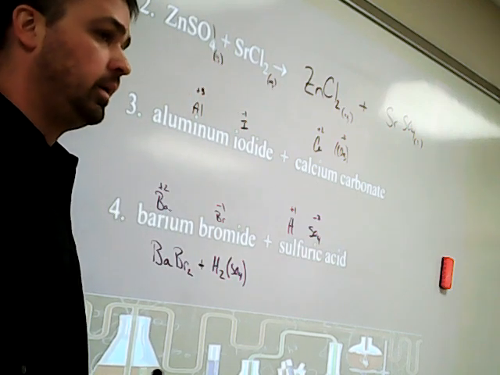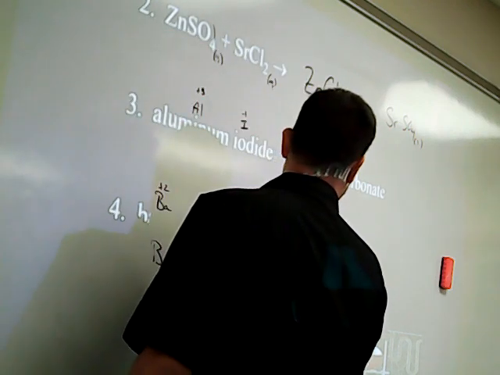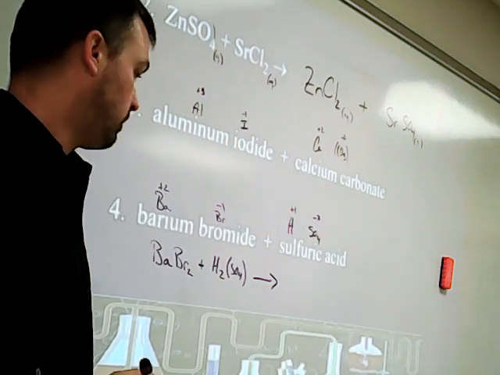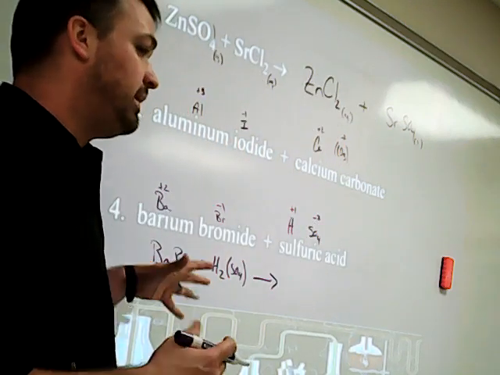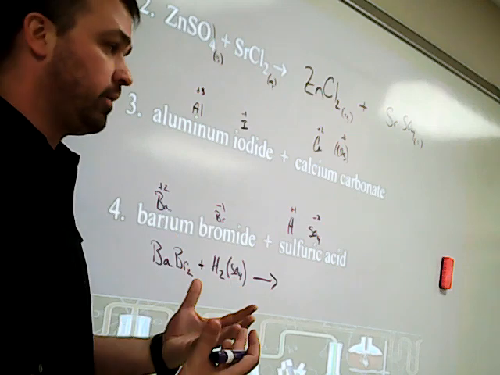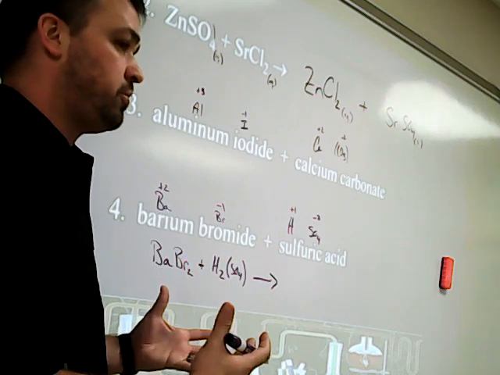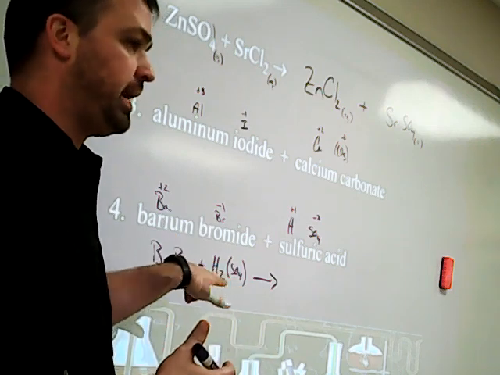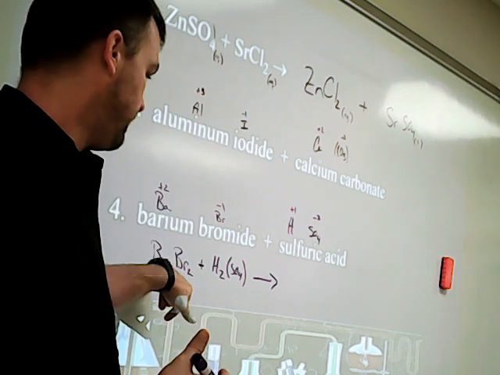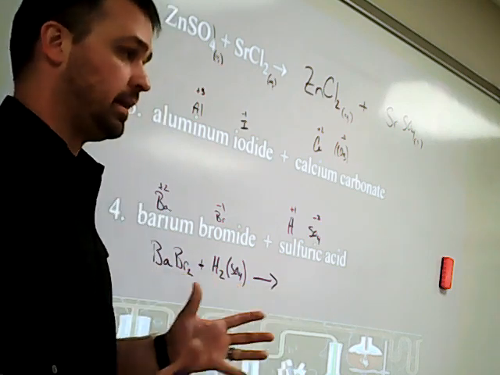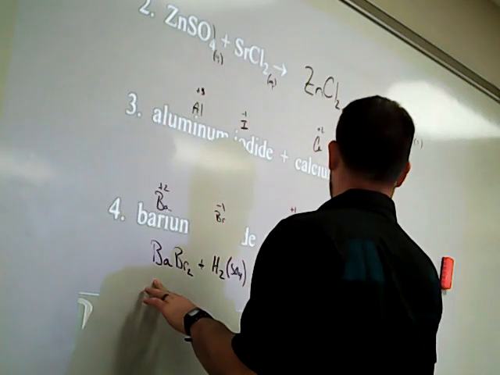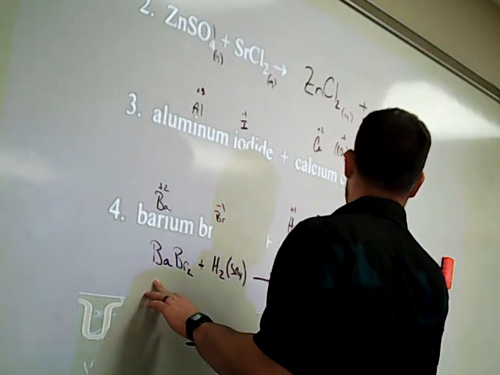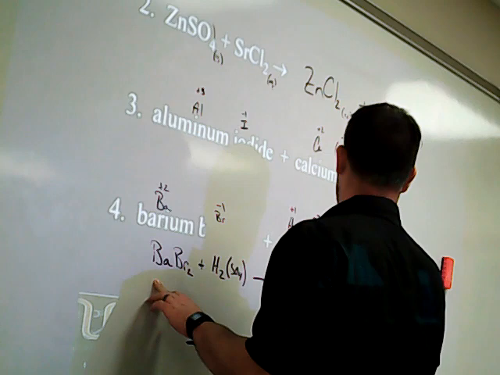Sulfuric acid. Now, when I go to form my products, I've been saying keep your metals the same. However, that's not necessarily true here. What two are we keeping in the same spots? Barium and hydrogen, your cations. So barium's going to stay put, and hydrogen's going to stay put. You can go and put their charges above them right away.